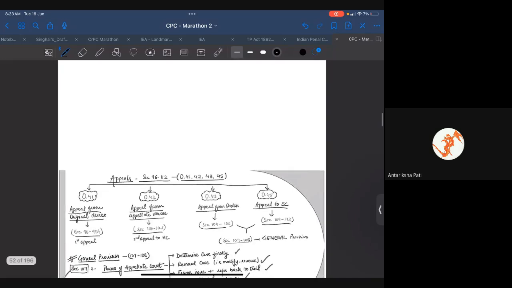Okay. Now appeal. Appeal is covered by sections 96 to 112, and Orders 41, 42, 43, and 45. Order 41 is appeal from original decree, sections 96 to 99A, which is called first appeal. Order 42 is appeal from appellate decree, sections 100 to 103, which is called second appeal to the High Court.